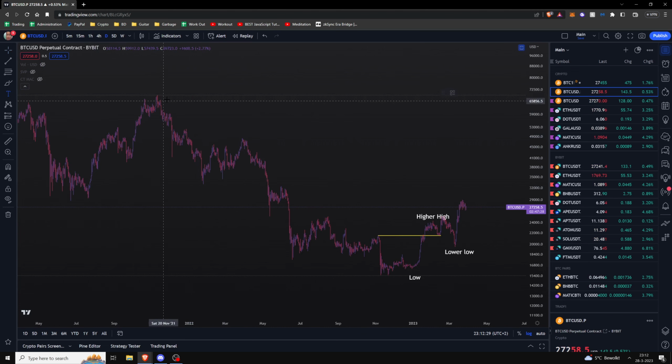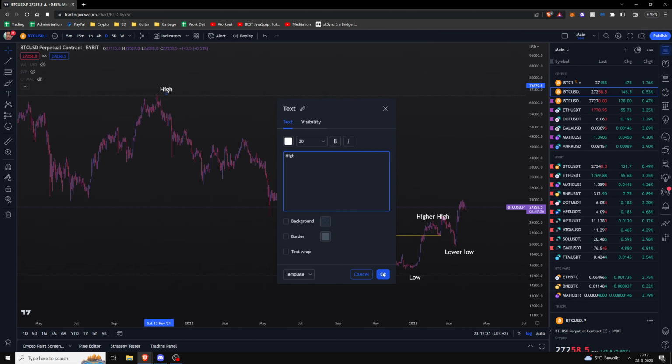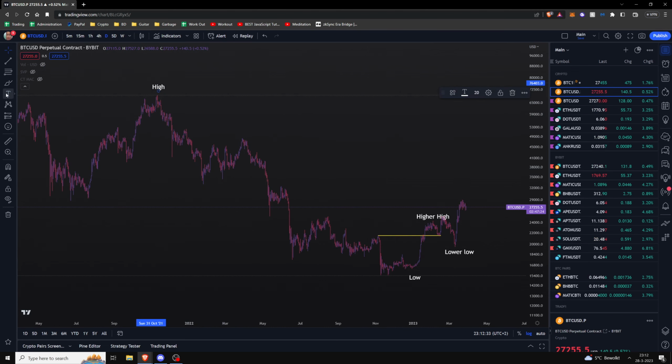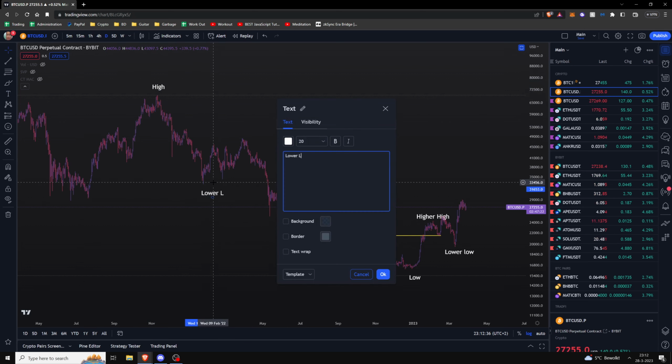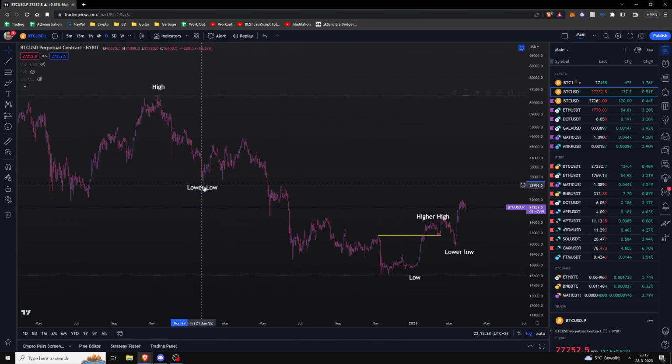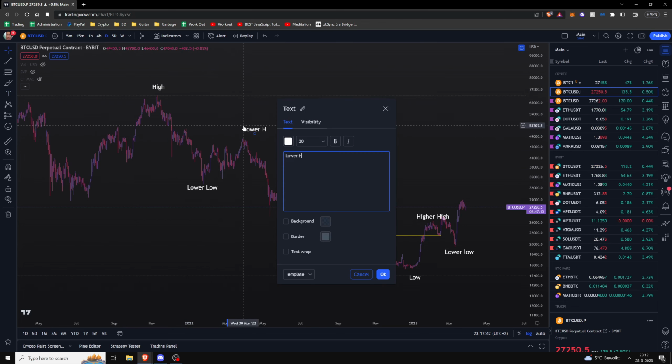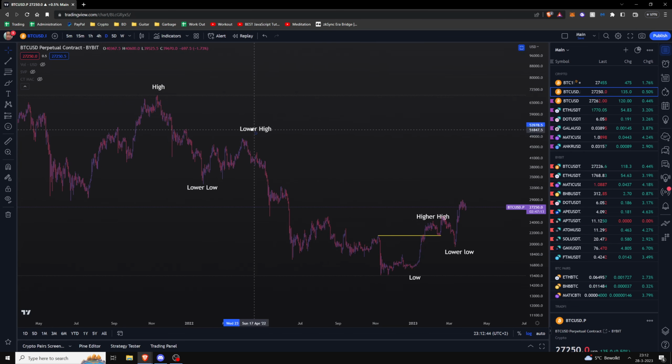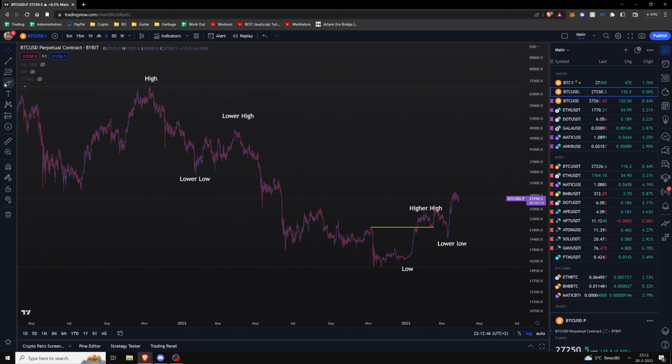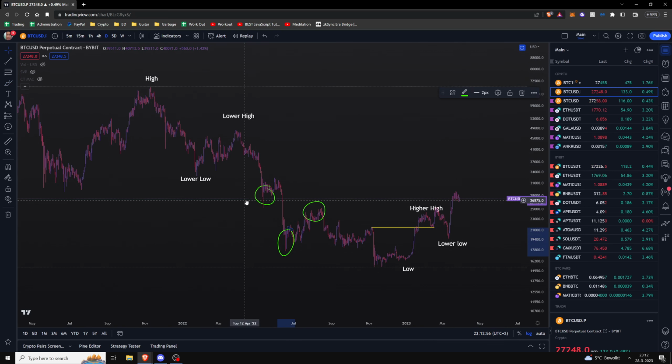We had a high, and we came down and made a lower low, and then we made a lower high, and again a lower low, lower high. We keep making lower lows and lower highs, right? That's a downtrend.